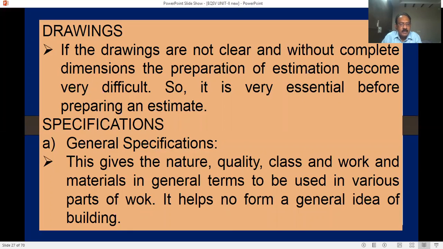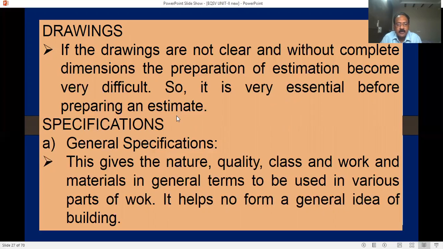Specification, general specification. In the drawing also you should have a clear specification, otherwise you can't do estimation. This gives the nature, quality, class of work and material in general terms to be used in various parts of the work. It helps form a general idea of the building.